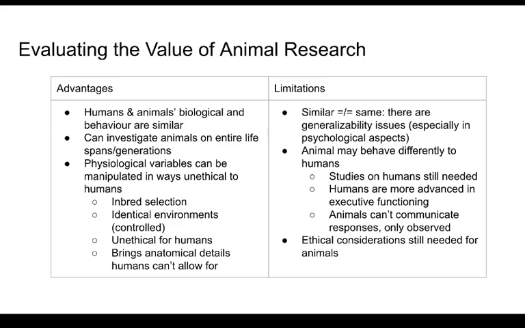So let's just say for rats, they can take the animals that are from the same litter. And then they can also control the environments of the animals to make sure that they are exactly the same for each animal. The ultimate control that we can't have in humans.